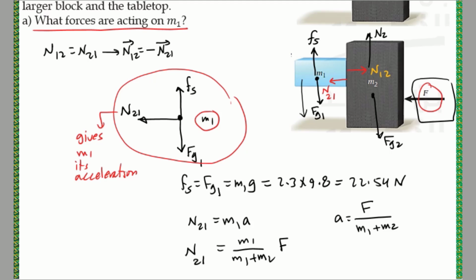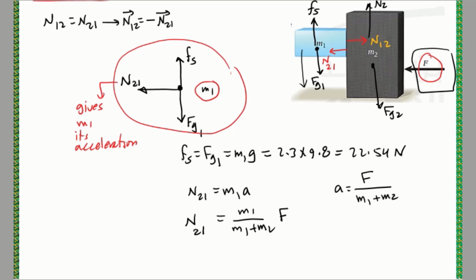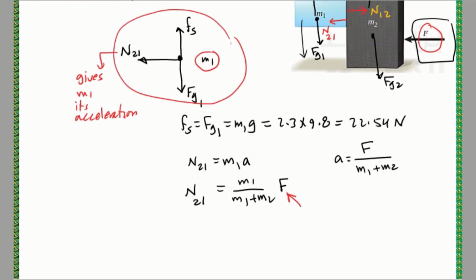And we have N21, which is the force that M2 pushes M1 to the left. The numerical value of Fs is 22.54. The numerical value for N21 is M1 over M1 plus M2 times F. If the question gives me F, I will find N21 easily. This is for this question.